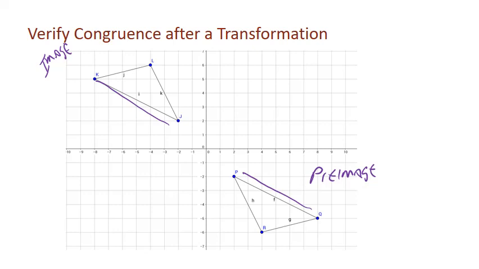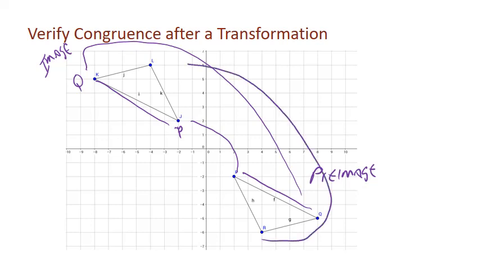And so it looks to me that P is coming over to where J is, and that Q is coming all the way over to where K is, which means that R is rotating. I should give you a clue, right there. And so I believe this transformation is a rotation.